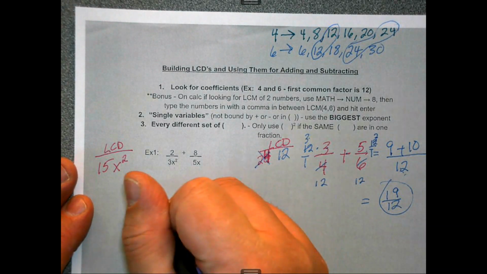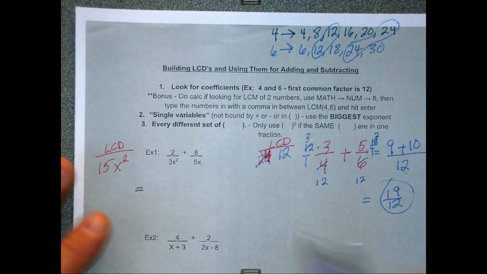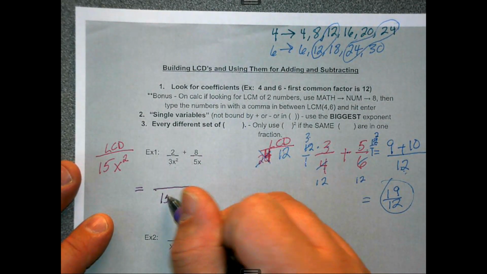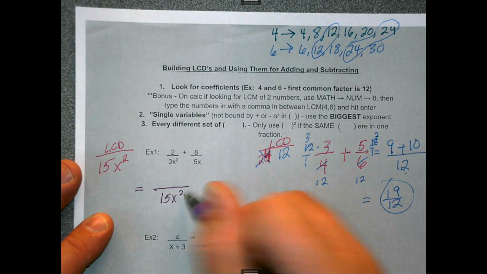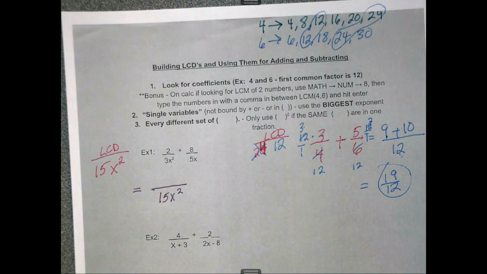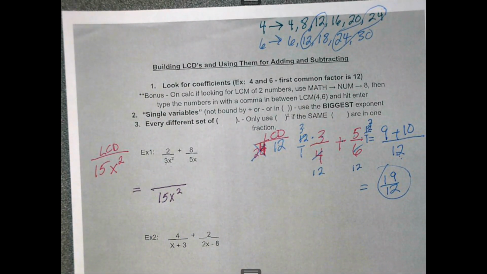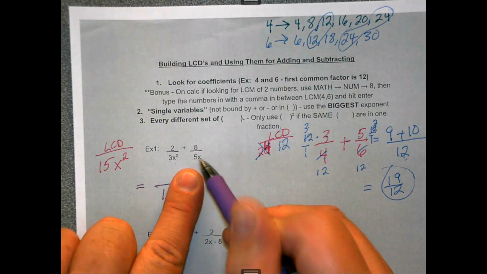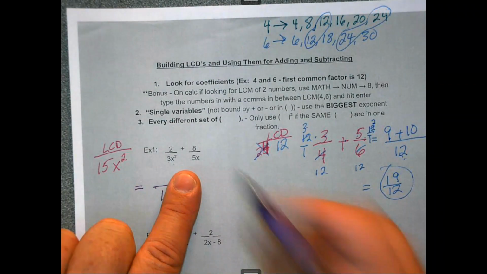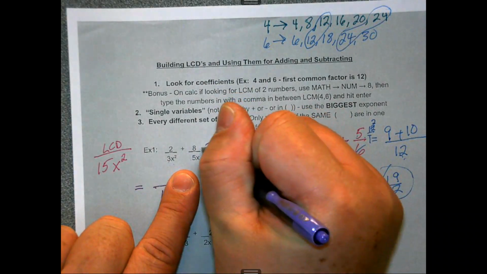which means that's going to become my denominator, 15x squared. Well, how did I make 5x squared or 5x into 15x squared? I'm going to multiply by 3x, right?